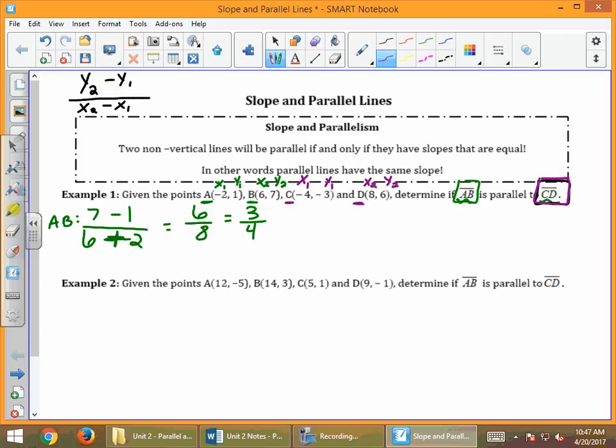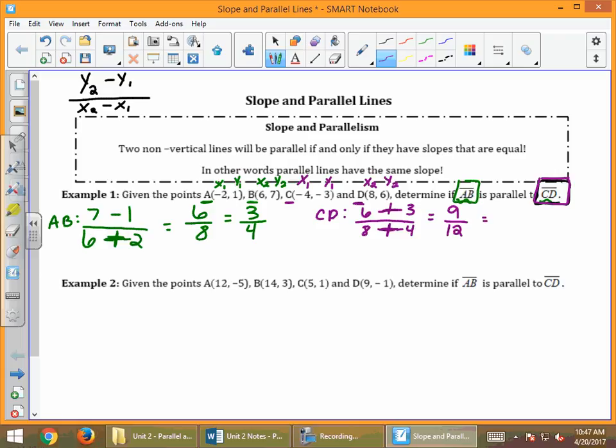So here we're taking a look at C and D: y2 minus y1 over x2 minus x1. Then double check your double negatives. We have a double negative in the top, turns to a plus, double negative in the bottom, turns to a plus. Clean it up. We have 6 plus 3, which is 9, and 8 plus 4 is 12.